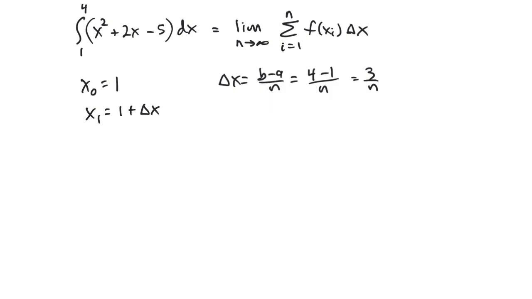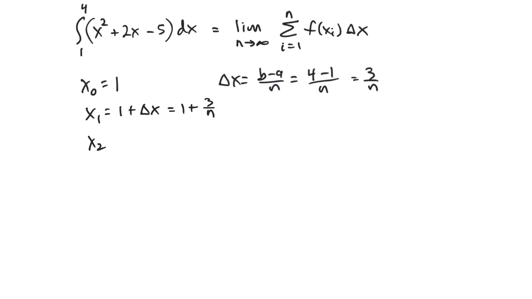So if we're going to start at a, from a to b, x sub 0 will be a. So x sub 1 would be 1 plus delta x, which in this case is going to be 1 plus 3 over n.